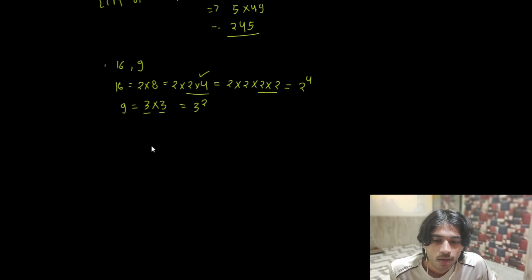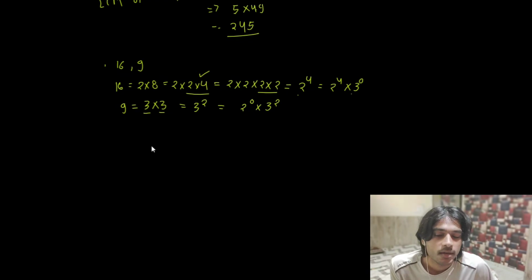Now two prime numbers 2 and 3 are occurring, so I will simply write 16 as 2 to the power 4 multiplied by 3 to the power 0, because 3 to the power 0 is going to be 1. And 9 can be written as 2 to the power 0 multiplied by 3 to the power 2.